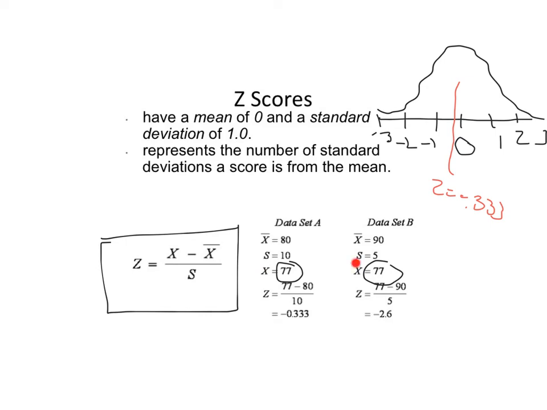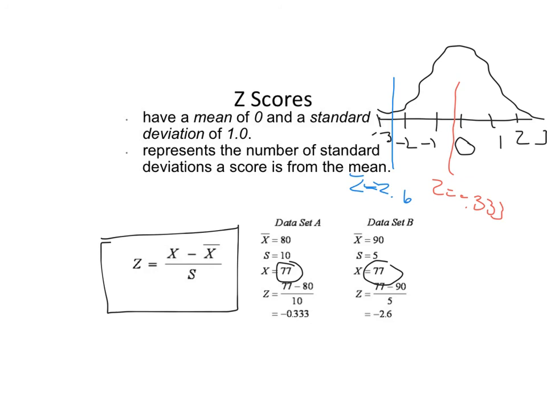So when this person gets a 77, their z-score is actually a negative 2.6, so they're down here, z equals negative 2.6. So getting the exact same raw data point actually is not equivalent to the same score. The person in data set A did much better on the normal distribution than the person in data set B. And that's a pretty important concept.